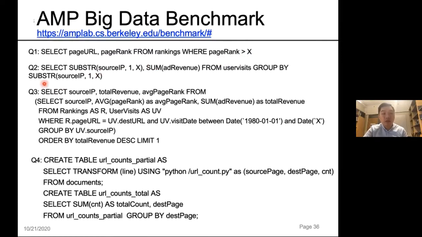The second query is an aggregation query over the user visits table. The third one is a join query between the user visits table and the rankings table. And finally, the fourth query is a UDF query, which calculates a simplified version of PageRank with a Python script.